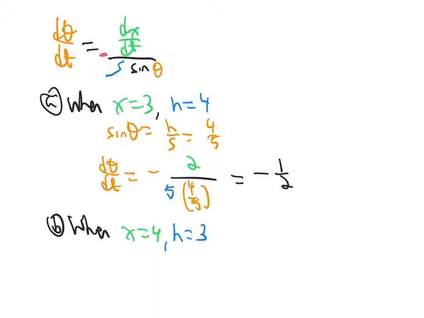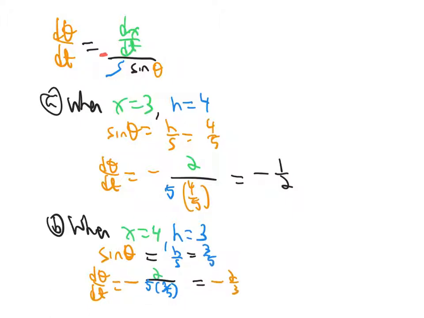It's the other way of doing it, and therefore sine of theta is, well, still of course going to be h over s, so now it's going to be 3 over 5, and therefore d theta/dt is minus the same factor of 2 over 5 times 3/5, which gives us minus 2/3. And those are the two rates, obviously in radians per second.